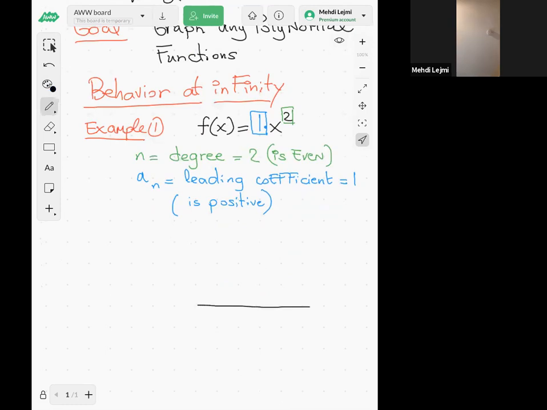We are interested in the behavior at infinity, the shape of the graph, what happens to the graph at infinity. Here is my positive infinity, and here is my negative infinity.